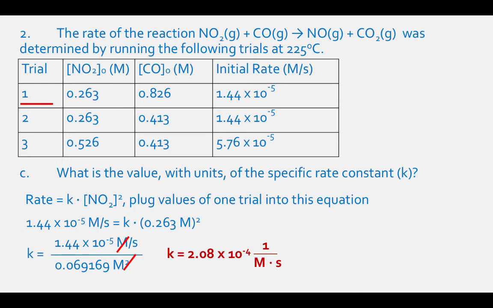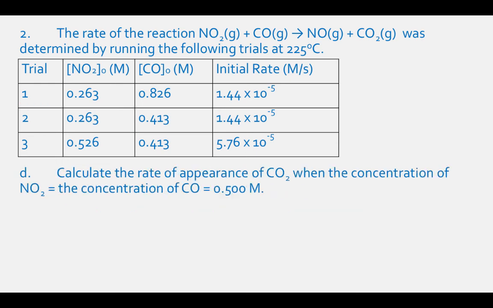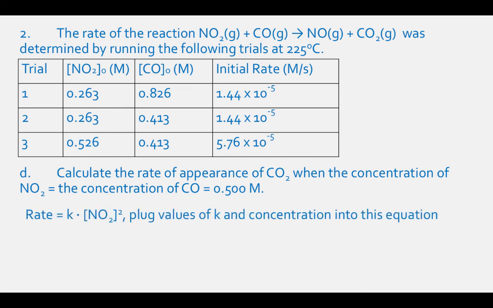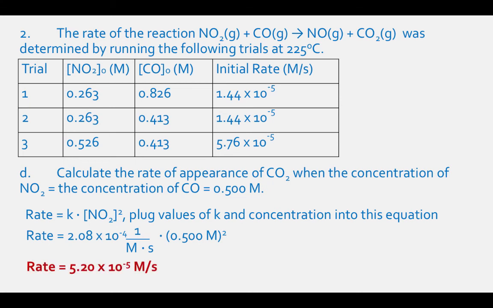For letter D, plug the values of K and the concentrations into the rate law expression to find the rate. Rate equals 2.08 times 10 to the negative 4, 1 over molar times second, times 0.500 molar squared. Rate, therefore, equals 5.20 times 10 to the negative 5 molar per second.